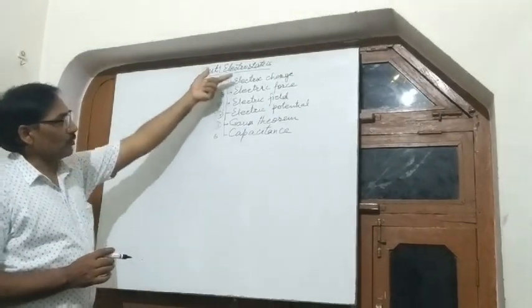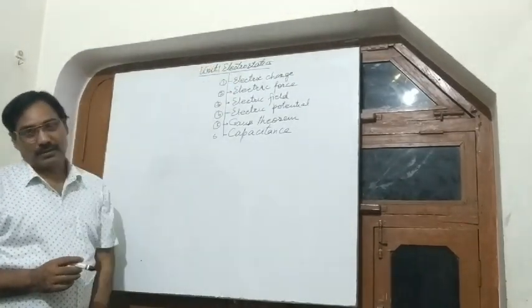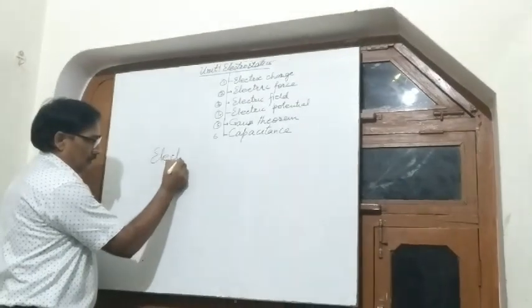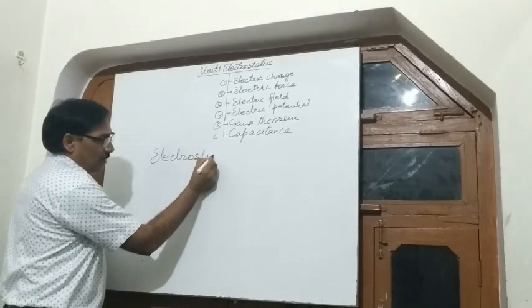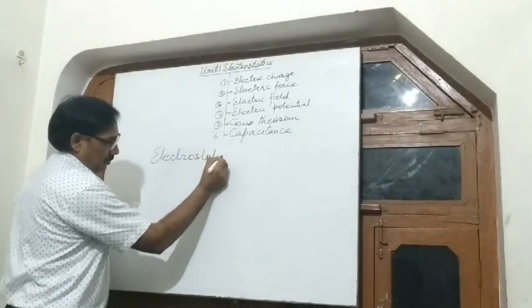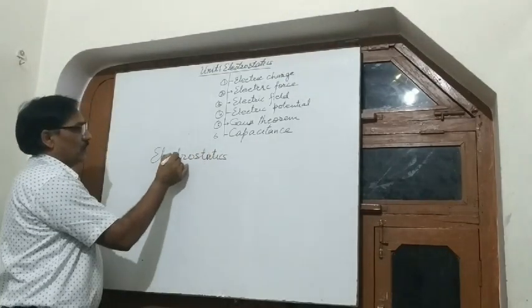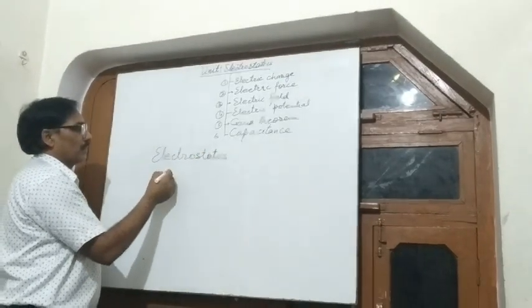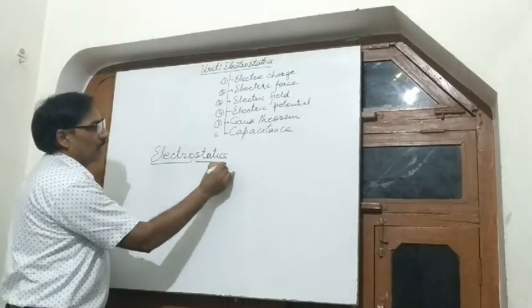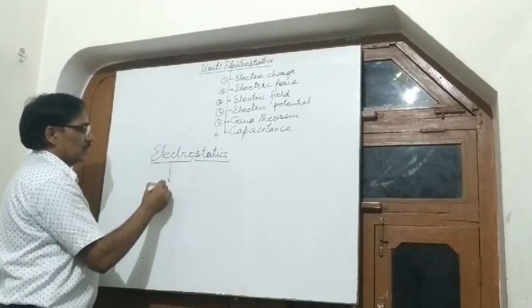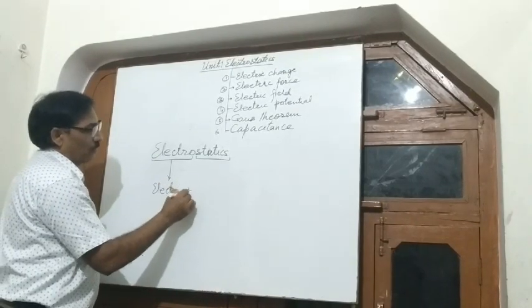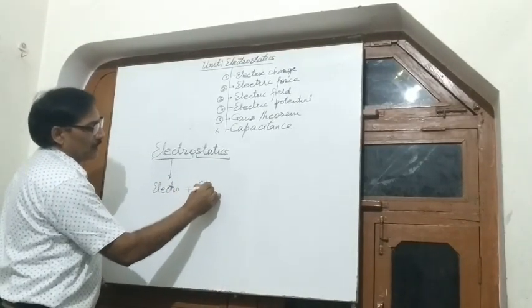Now come to this word electrostatics. This word electrostatics is made of two words: electro plus statics.